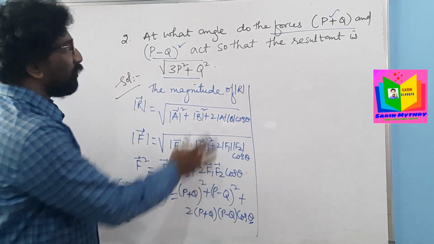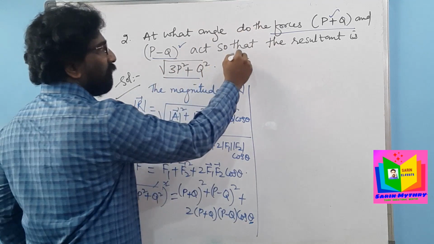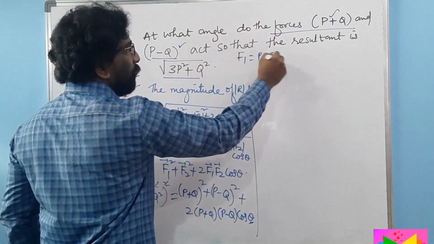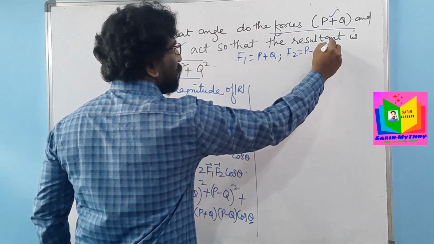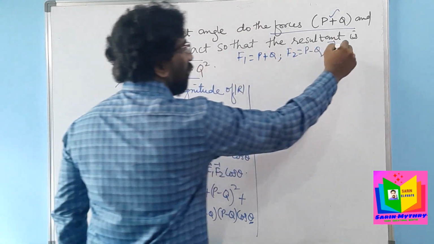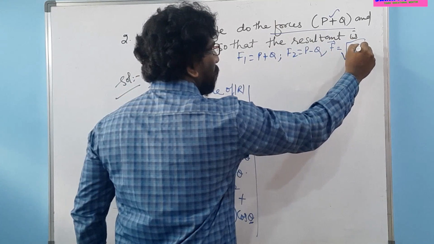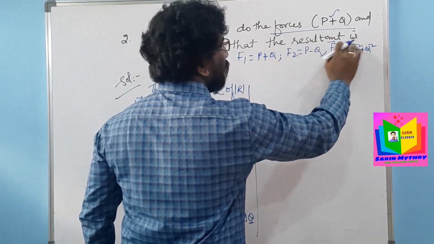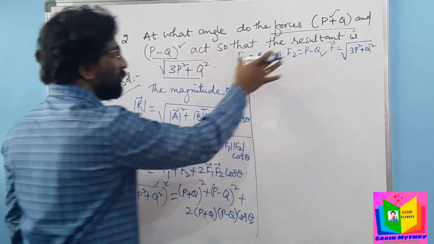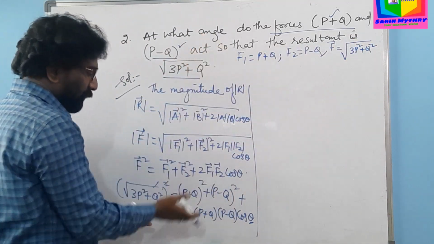I have just substituted the values which are given to us: F1 is P plus Q, F2 is P minus Q, and F, the resultant vector, is under root of 3P square plus Q square. I just substituted these values given in the problem into this formula.